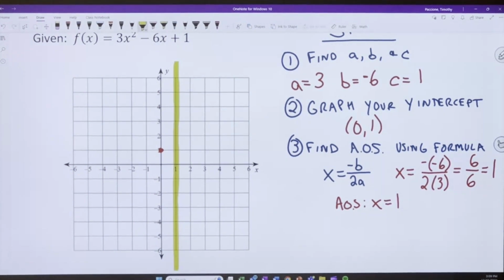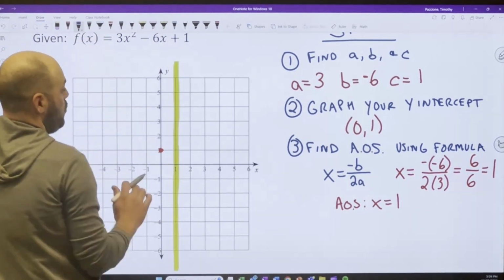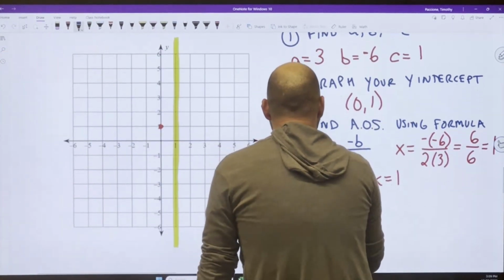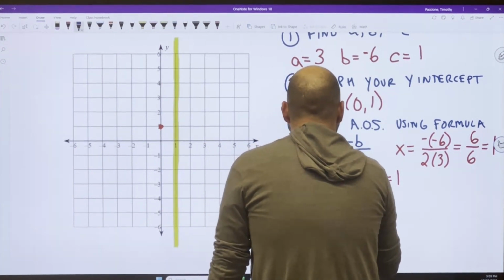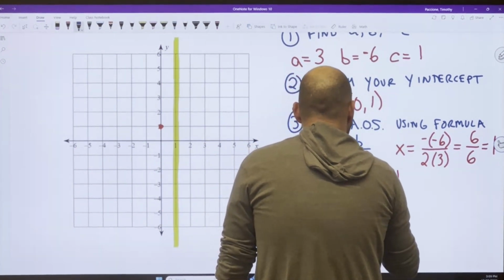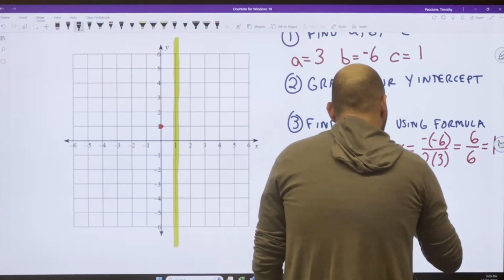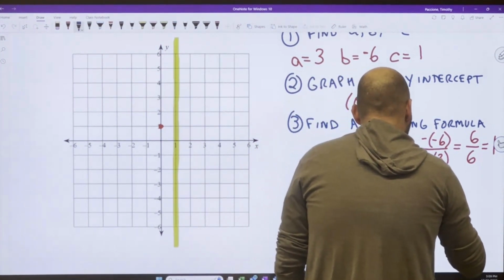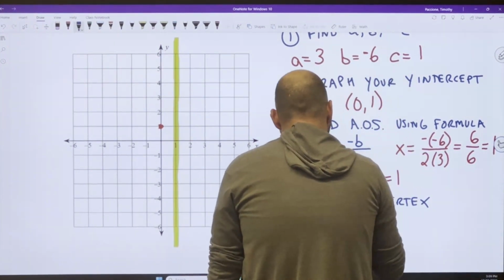Now, we know the vertex falls on the axis of symmetry, right? So it must have the same what value? X value. So now we just need to know the y value. So now we're going to find our vertex. And think about our warm-up, right?